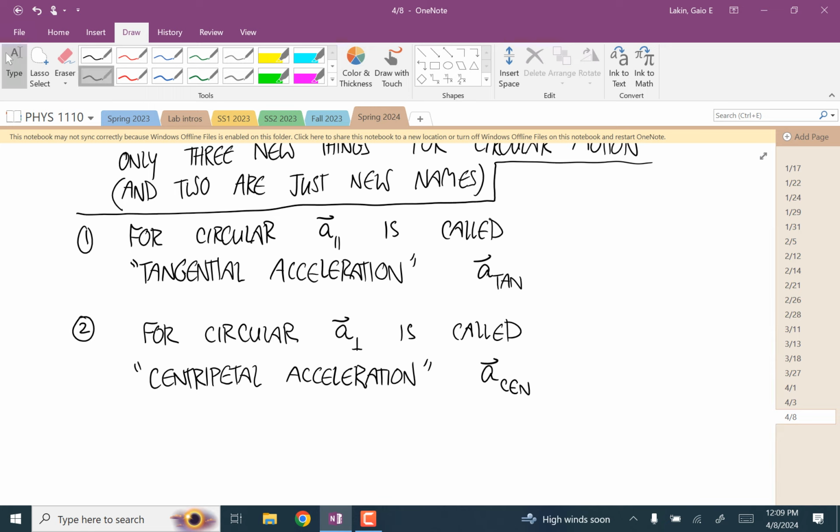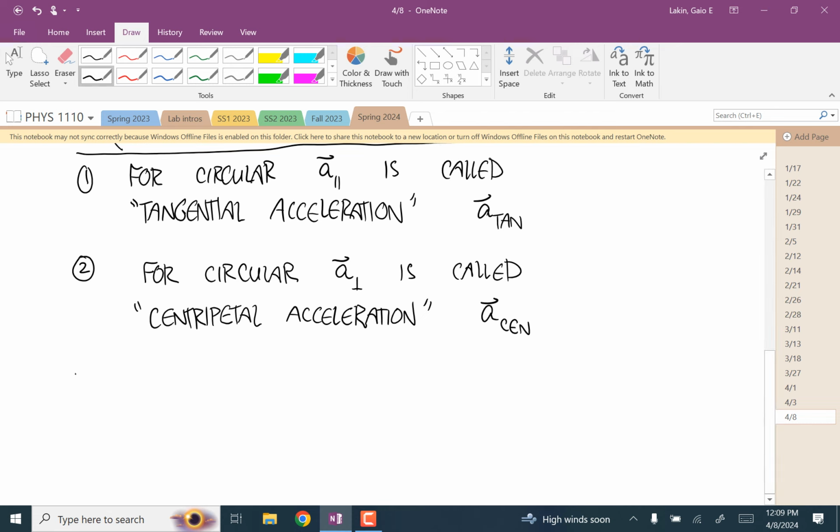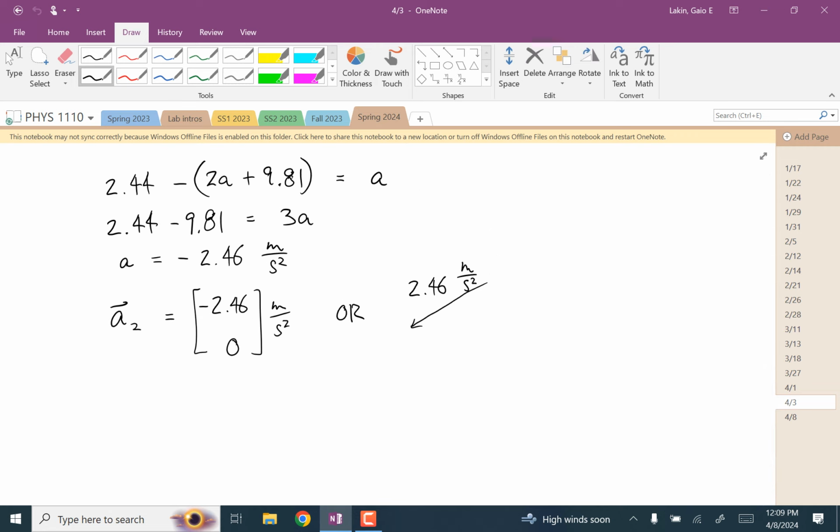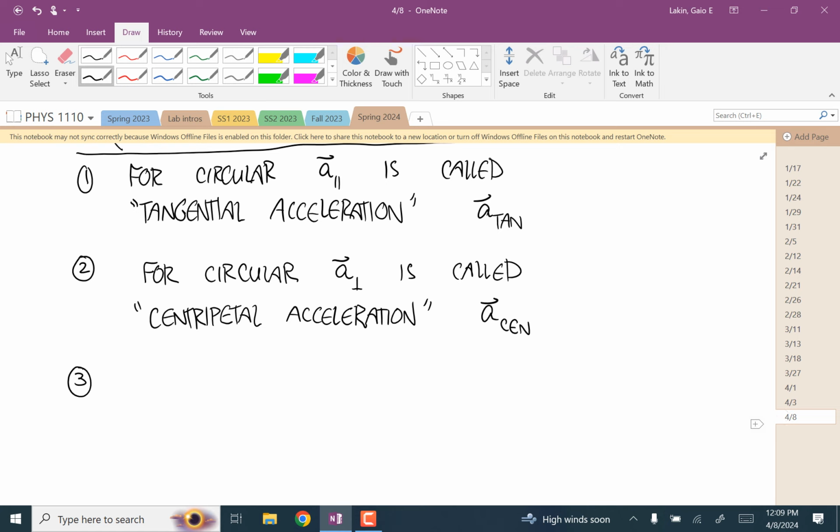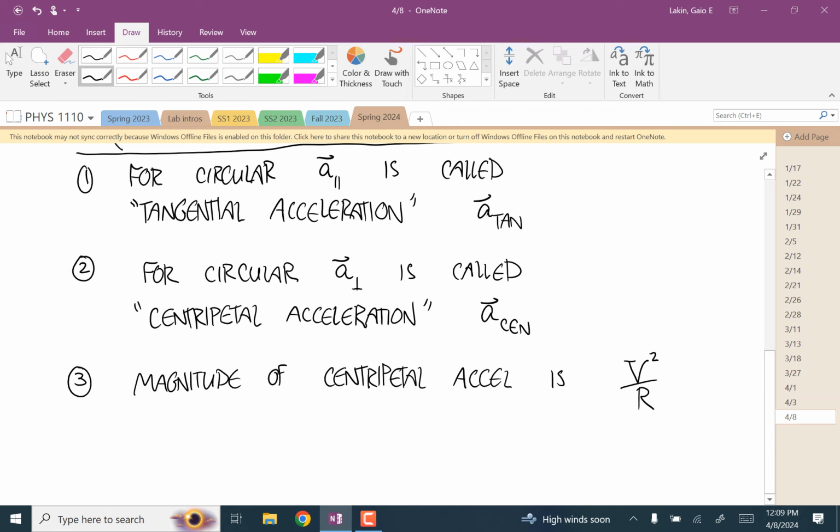And then the only new thing that isn't just a naming thing for circular motion is that the magnitude of the centripetal acceleration is always the speed squared divided by the radius of the circle.